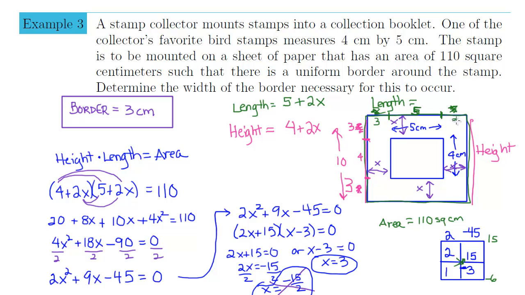And this x is 3, so it would be 3 plus 5 plus 3, which is 8 plus 3, or 11. So the length along here would be 11 centimeters. And if you have a rectangle that's 11 centimeters by 10 centimeters, the area would be 110, which is what we wanted to begin with. All right, so the final answer of our problem is that the border is 3 centimeters wide.